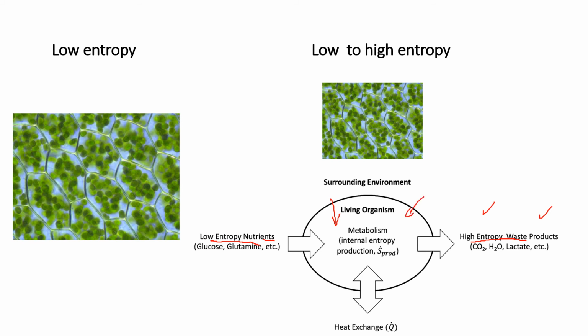So although they are reducing their own entropy, they are increasing the entropy of the surrounding environment. The living organism's entropy is reduced, but they actually increase more entropy because of waste products and heat exchange that increase the entropy of the universe.